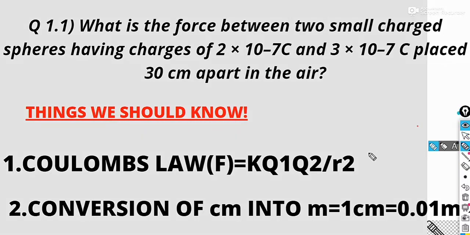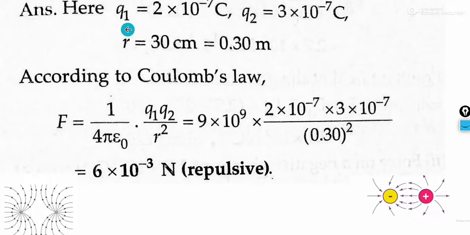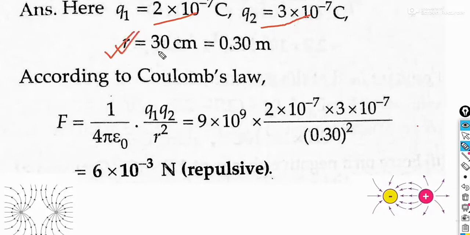In the solution, we consider q1 to be 2 into 10 to the power minus 7 and q2 to be 3 into 10 to the power minus 7 coulomb, and the distance r is given as 30 centimeter, which in meters is 0.30 meters.